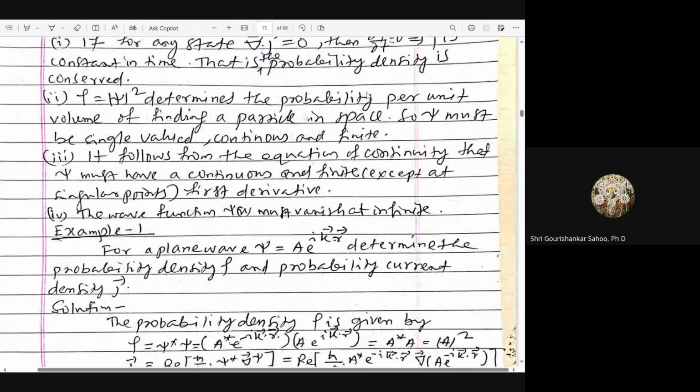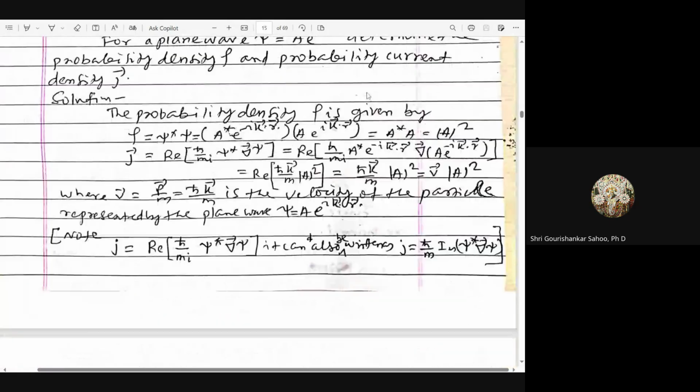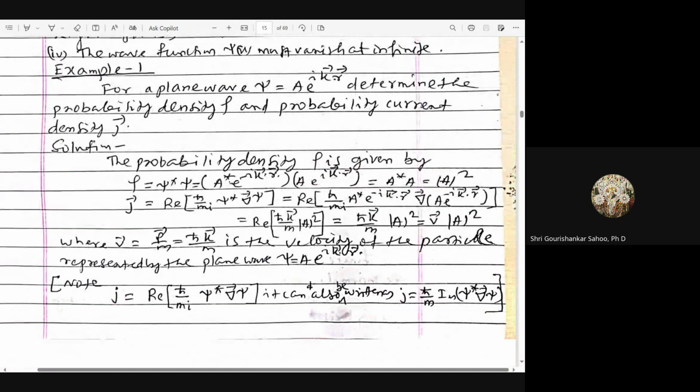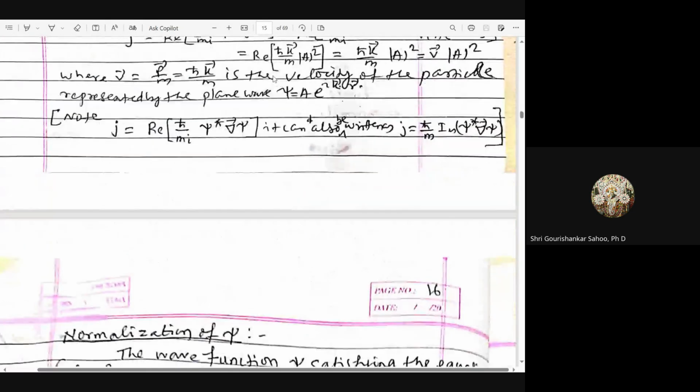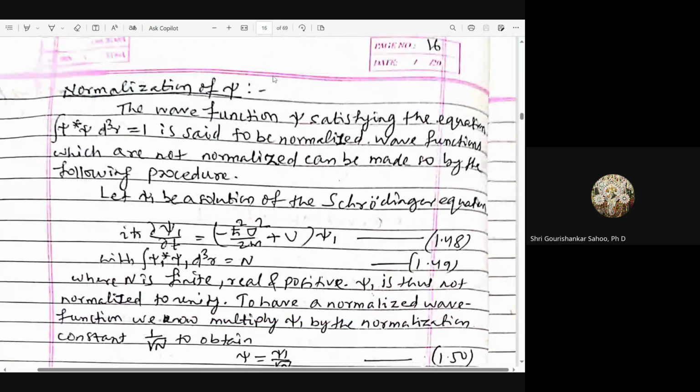And you can see here the probability current density j can be represented as the real part of h cross by mi psi star del psi, or h cross by m times the imaginary part of psi star del psi. Then if it is not normalized, you can normalize it. We shall discuss it in the next class.